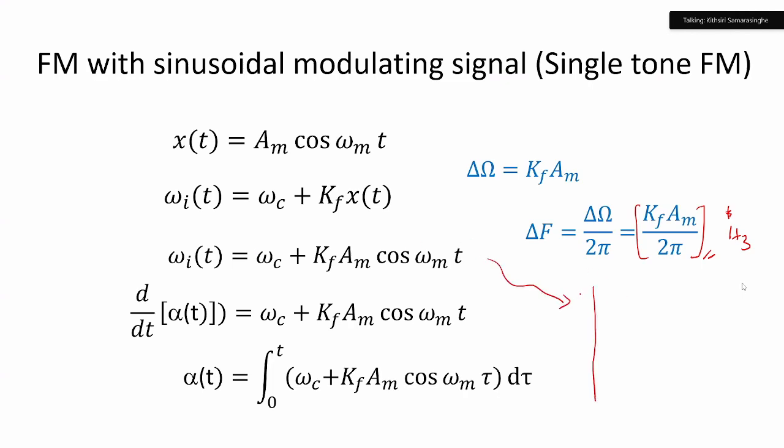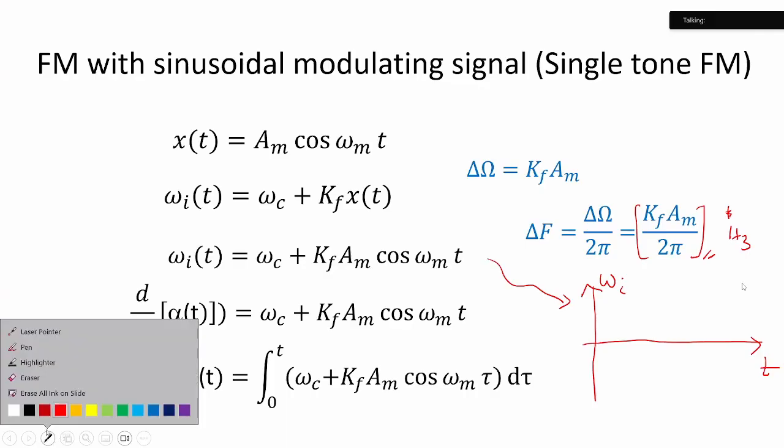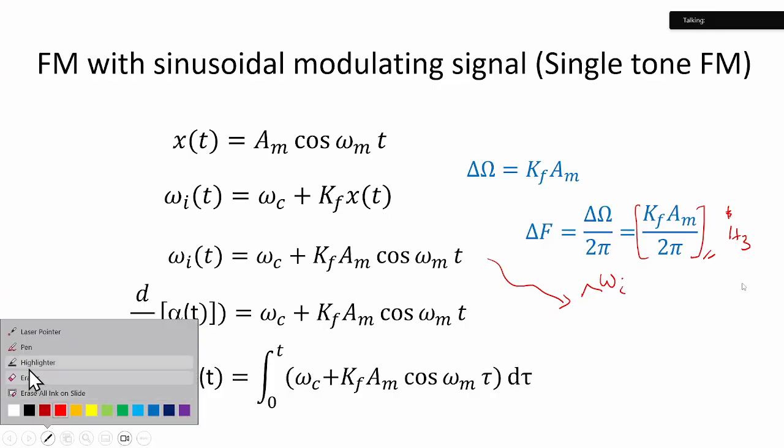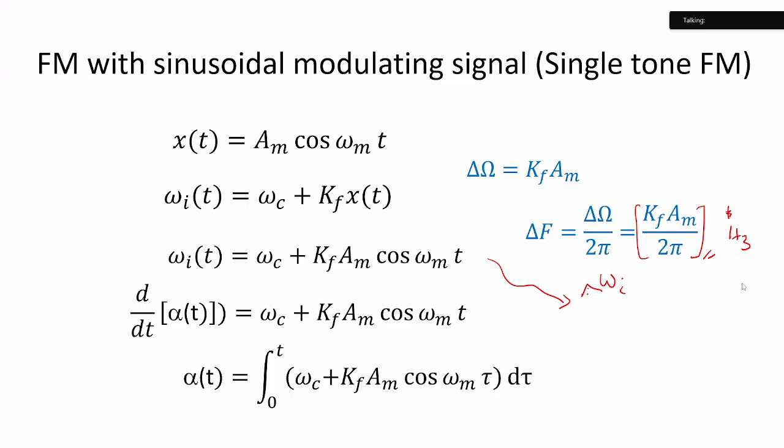Plotting omega i against time, you will have a fixed value omega c, plus then it will be increasing and decreasing like this.